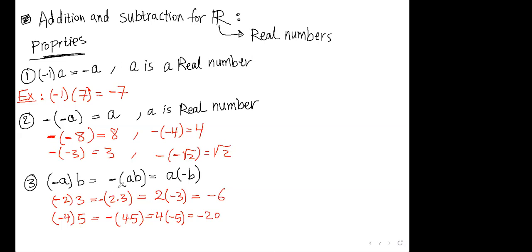So this property is achieved for real numbers under addition and subtraction. You don't have to memorize these properties, but you have to know how to use them. Any question before I move to the next slide?